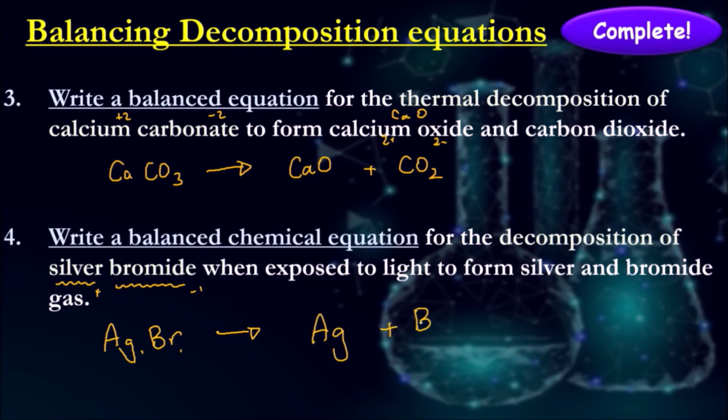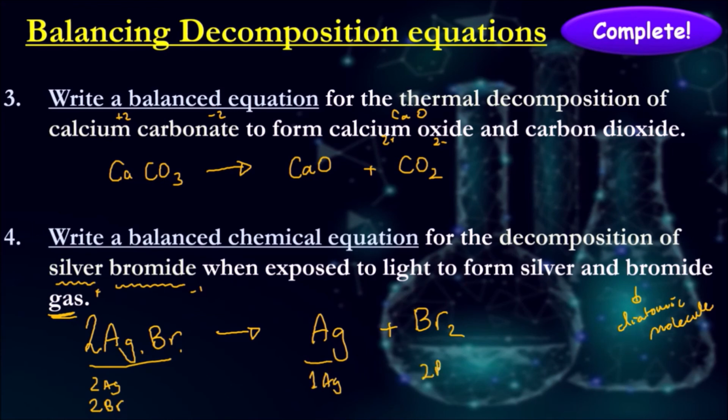Now bromine gas is Br2, because it is what we call a diatomic molecule, so it comes in pairs, or anything that says gas comes in pairs. To balance this equation, we need 2 bromines on this side, so we write a 2, which means I have a total of 2 silvers and 2 bromines. Given that I only have 1 silver here, but I have 2 bromines here, I need an additional molecule or element here. So that's how you do the questions.